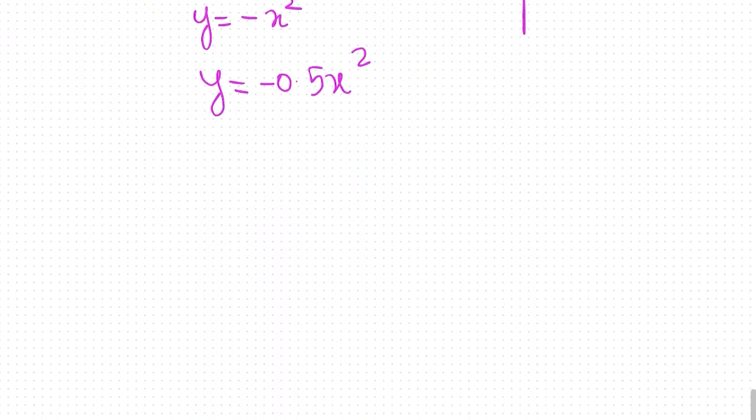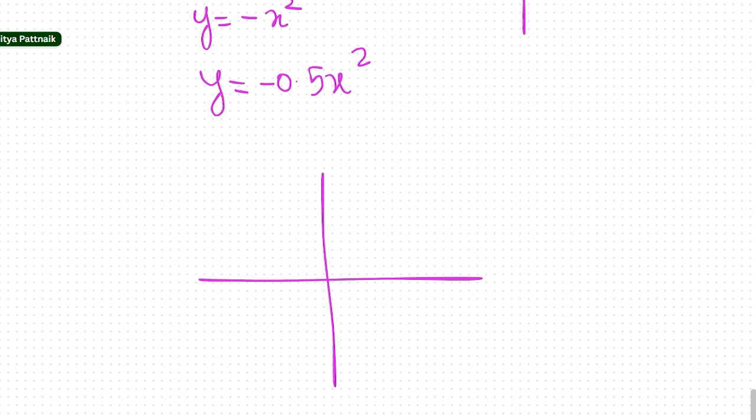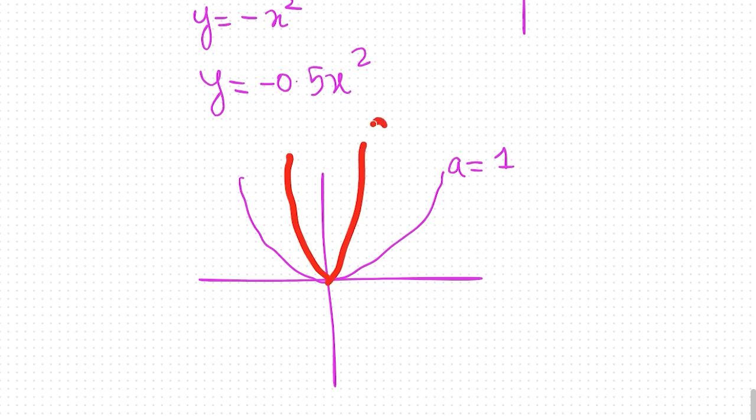Okay, scroll down. I'll try to write from the beginning. This is for a is equal to 1. This is for when a value is greater than 1. And this is for a less than 1.